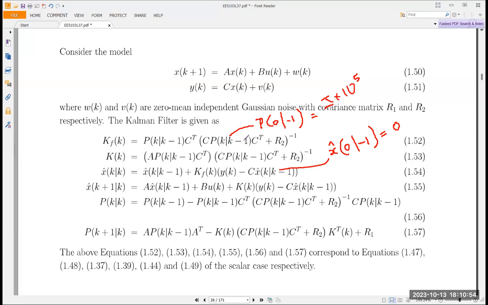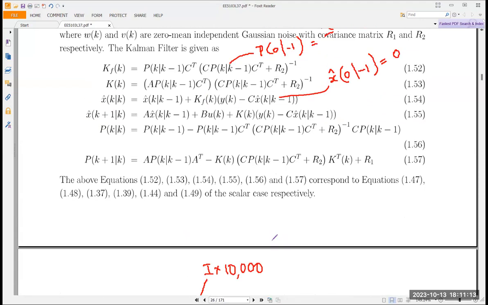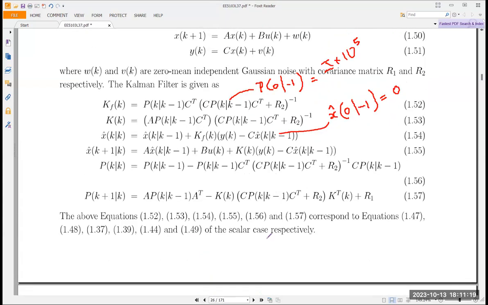Now the next thing that is less obvious would be you go and take a look. Equations 52, 53, 56, and 57 are what we call pre-computable, which means you don't go to the lab, don't take measurements, you can stay at home and do the calculation.